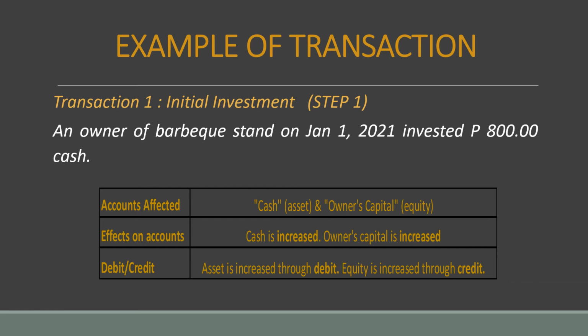O kaya, meron siyang other source document as basis ng kanyang investment. Siyempre, yung pinaka-basis nyo yan is siyempre yung mismong pera na 800 pesos. So, kung 800 pesos yung nakita natin na in-invest ni owner, then alam na natin magkano yung amount na in-invest ni owner.